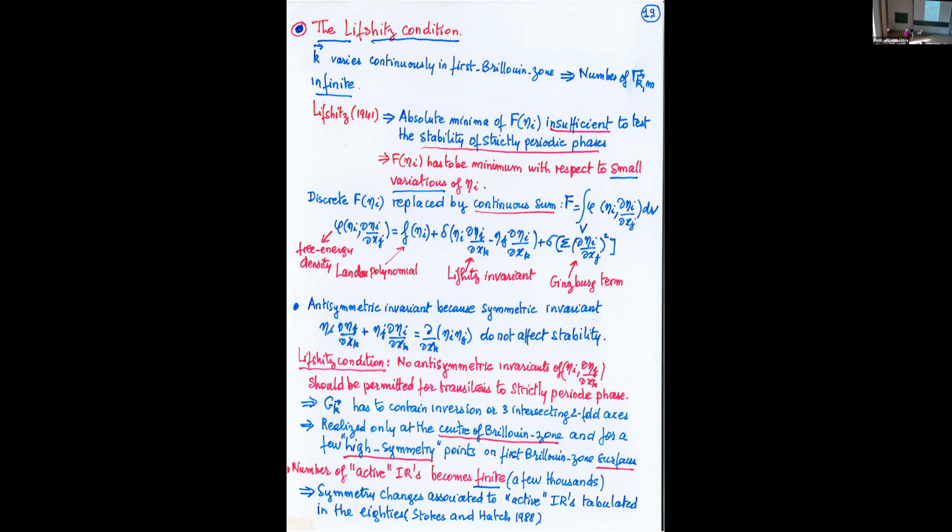Well, simply because symmetric like this will not affect the stability, because it's simply the derivative with respect to eta i, eta j. And when you sum, of course, the free energy is then not only polynomial.